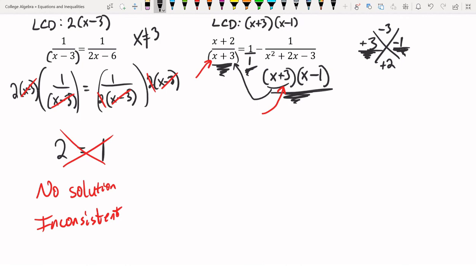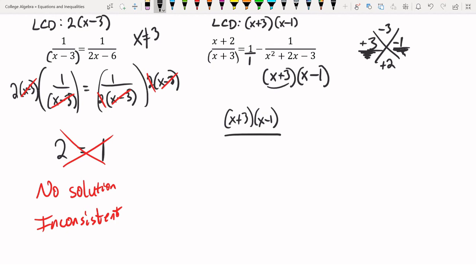Now we can always check to make sure that it's in fact a common denominator. We take the least common denominator and divide it by each one of these denominators here. As long as we get a whole number in the result, then it's a common denominator of some kind.